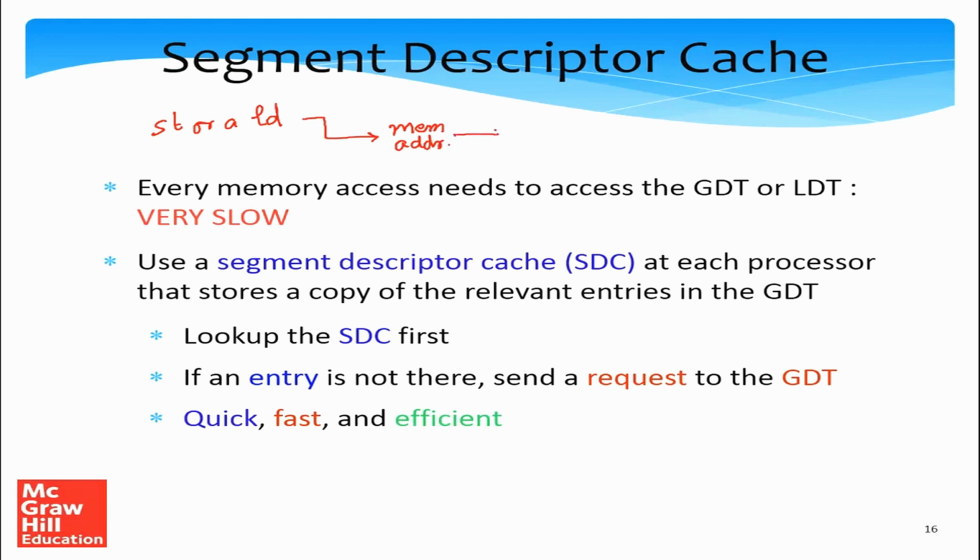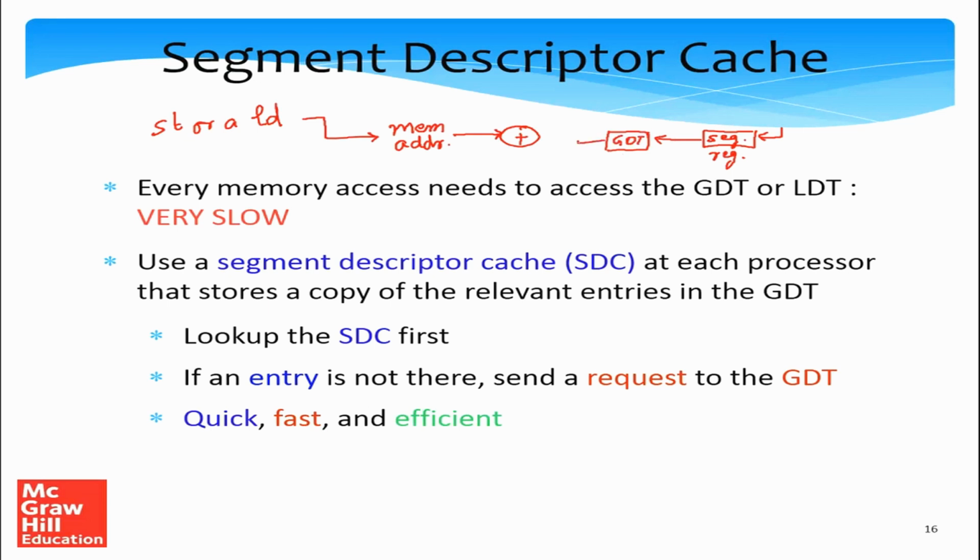So with this memory address, we need to do something else. Let's say that we need to access the segment register. We need to find the entry in the GDT corresponding to the value stored in the segment register.